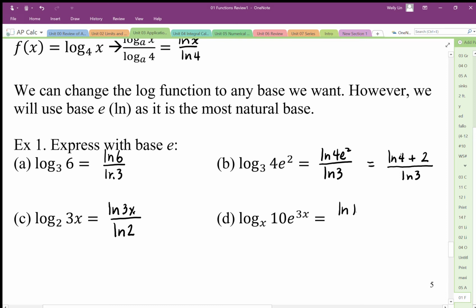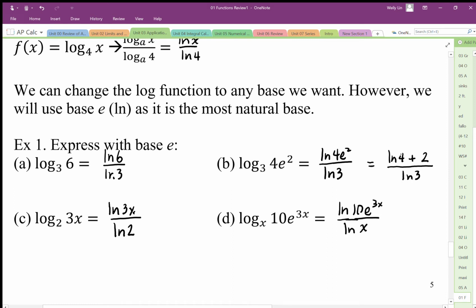So we get 10 to the power, 10e to the power 3x. Okay, and then we get log x.